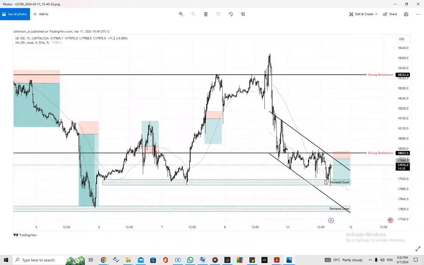Even though the market came to this demand zone and respected it and started pushing back to the upside, I was not interested in buying this market. So I had a sell limit set up, just waiting for the market to come to that level. As you can see, the price was just down there.